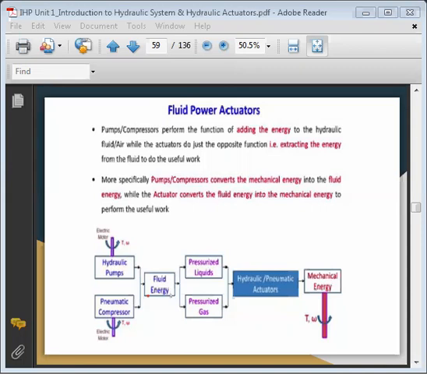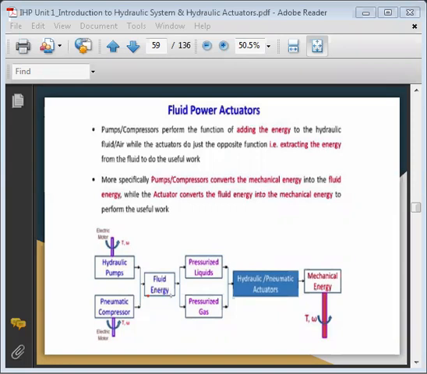Actuators do the opposite function of the pump. They extract energy from the fluid, and that energy is used to do useful work. That means hydraulic energy is converted to mechanical energy.